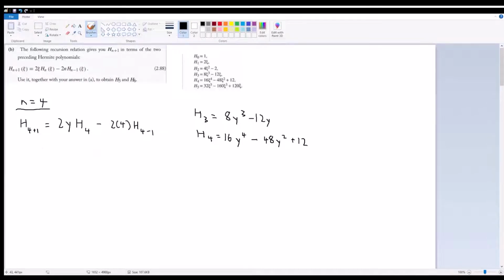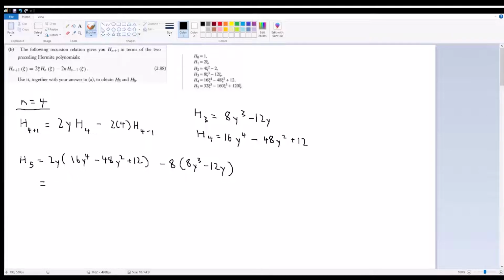So if we plug all these in, what we get is that h5 is equal to 2y times h4, 16y to the fourth minus 48y squared plus 12, minus 8 times h3, which is 8y cubed minus 12y.